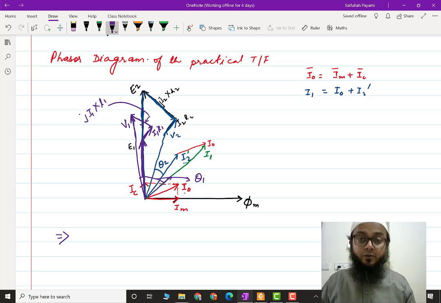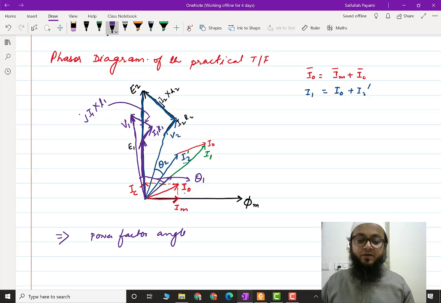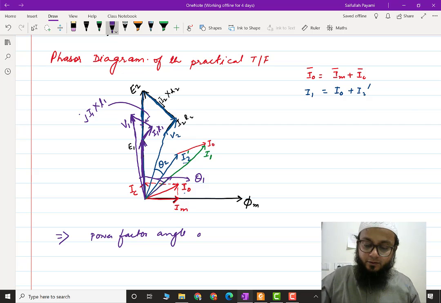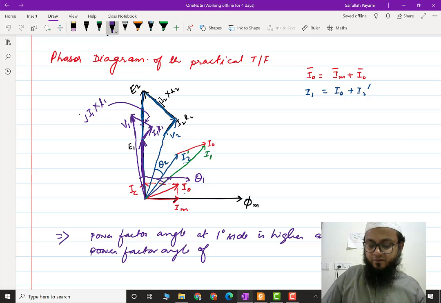Earlier, in an ideal transformer, it was the same for the primary side as for the secondary side, but now because of the drops in the windings, the leakage, and the drops because of the no load current, the power factor angle at the primary side, where V1 and I1 are the primary side voltage and current, is higher as compared to the power factor angle of the secondary side.